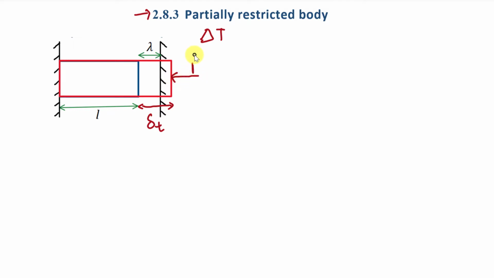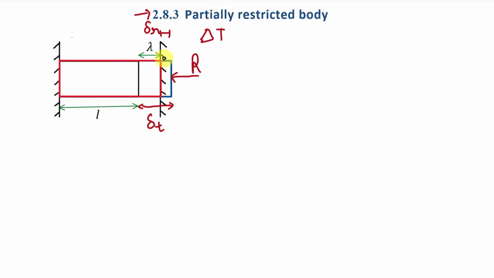Let's say this is reaction R, and this R will be the reaction by this restriction. Now we apply this compressive load R, and due to this reaction this body will contract up to this restriction here. And let's say this deformation, which is due to this reaction R, is delta R.